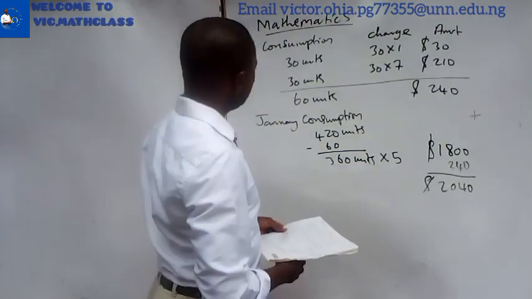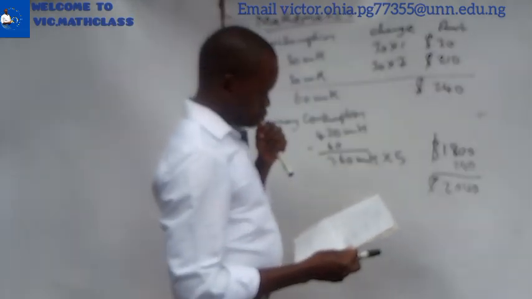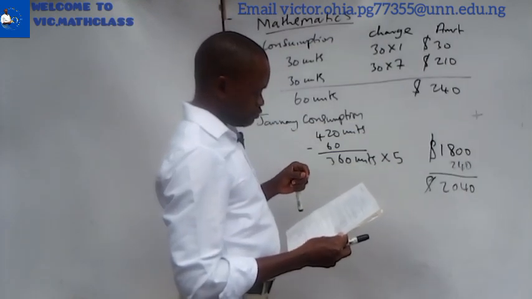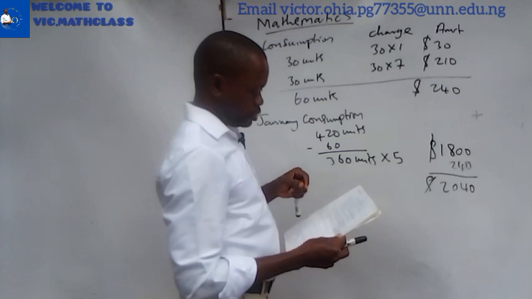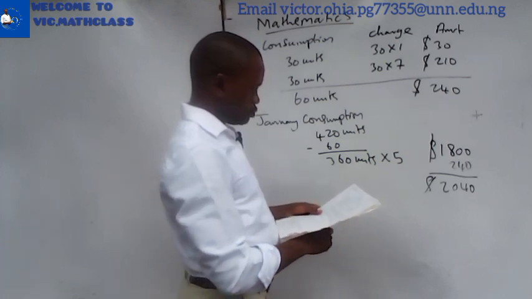Okay, so if we also look at the second part of the question that says if Amaka paid $2,740 in the month of February, calculate the number of units of electricity consumed.